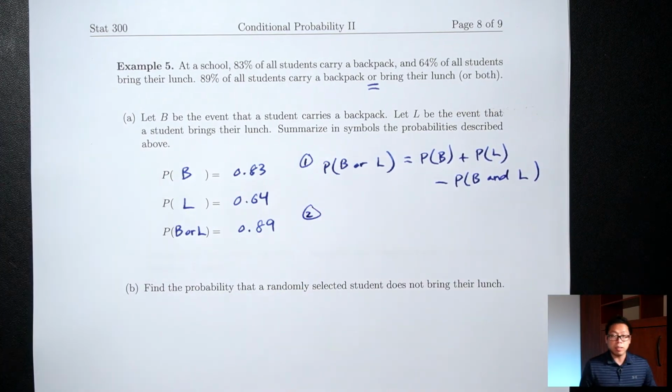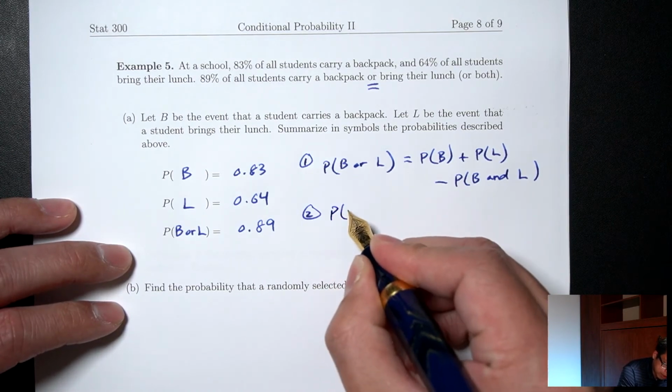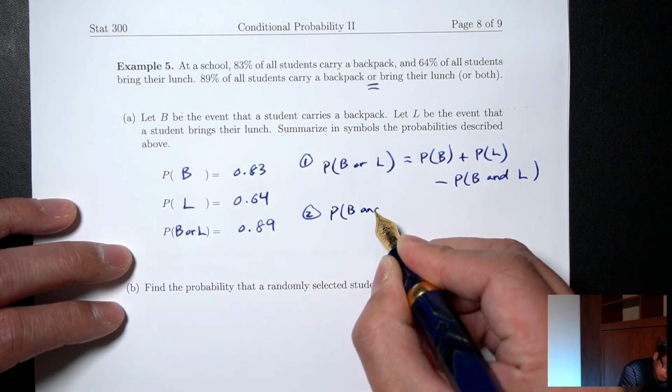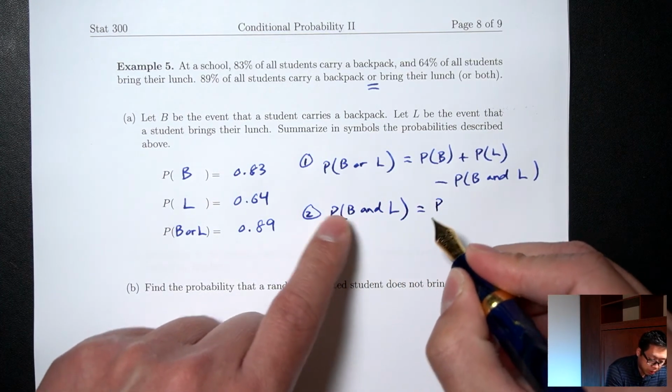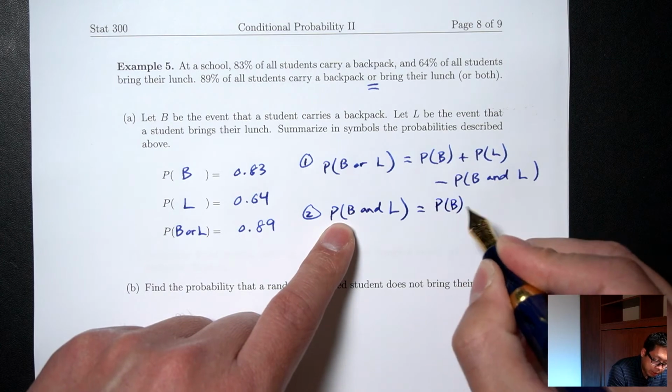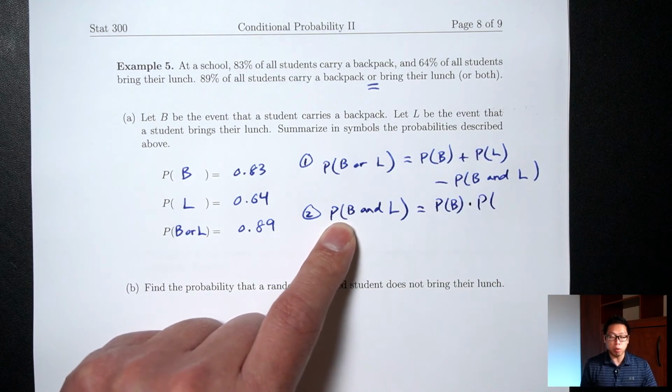Second equation I need is the multiplication rule. Multiplication rule is the one for and, so B and L equals, it's going to start the same, so probability of B times probability of, and make sure you get this order correct.